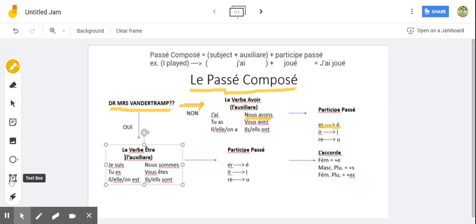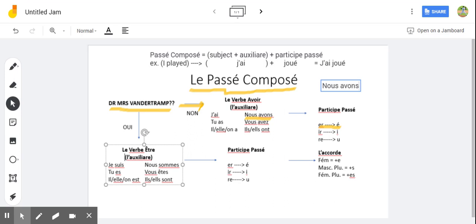Okay. So if I put it all together here, it's nous avons. So we visited somewhere.